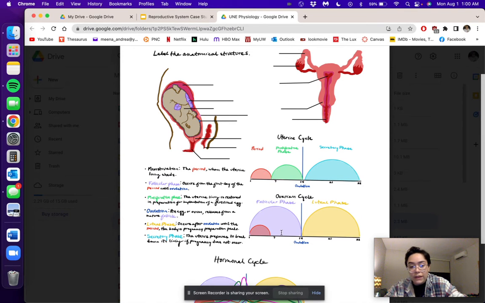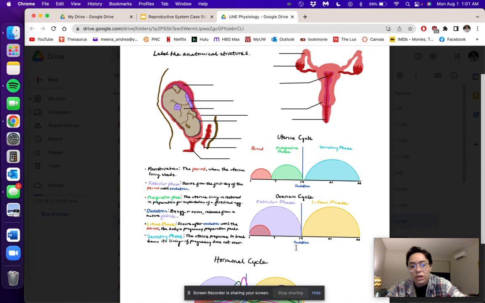And then we're going to look at the ovarian cycle. In the first 14 days, we have the follicular phase, where a follicle is nourishing several egg cells until one dominates and is released from the follicle after it's completely matured. The ovum is sent down the fallopian tube in order to become fertilized.